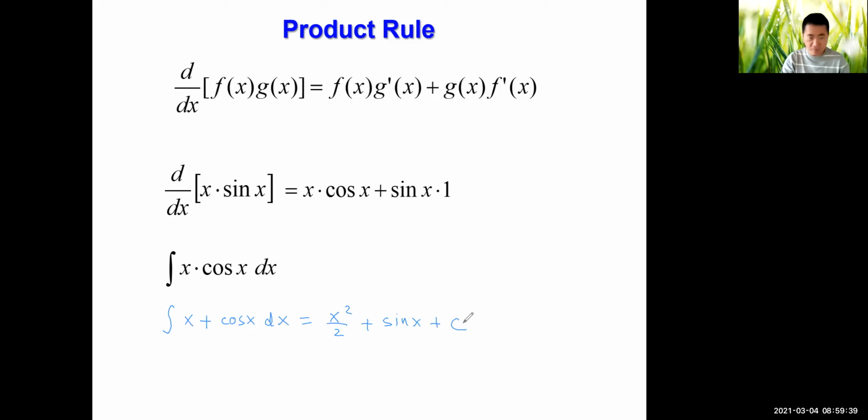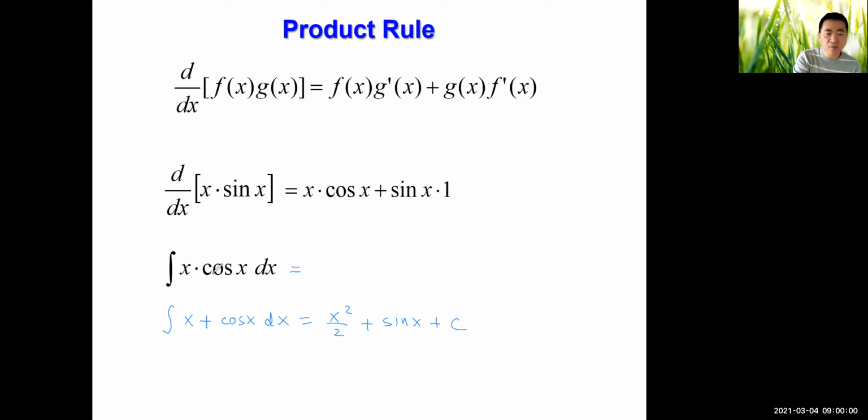If you take the derivative of the right-hand side, it definitely gives you back this function. But when you have multiplication, that's where it becomes hard. Every time you have a product or a quotient of two functions, things don't work as simply as you might think.